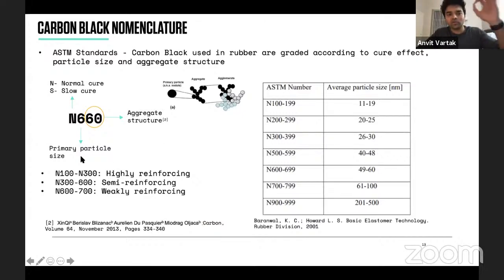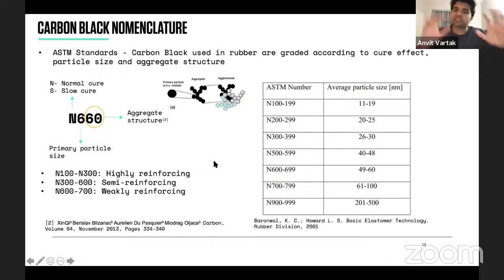And depending on those particle sizes, you know that smaller particles in rubber will impart more mechanical properties to the rubber and make your tires stronger. As you keep increasing to larger and larger particles of carbon black in your rubber, your tires are not as strong as they would be with a smaller particle.